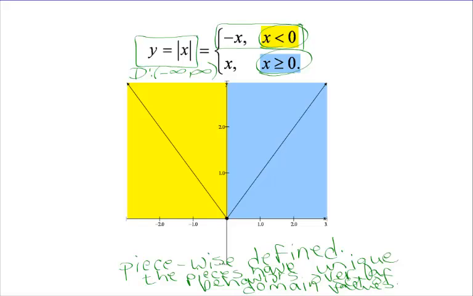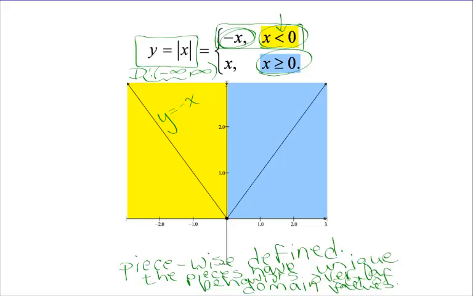As a matter of fact, in the part of the domain that is all negative numbers, the absolute value function behaves like the function y equals negative x, everywhere from negative infinity up to but not including 0. Why not including 0?